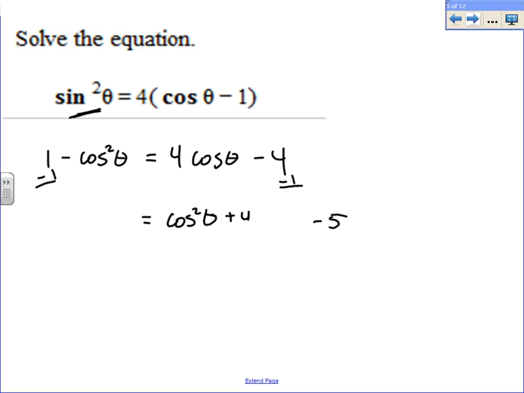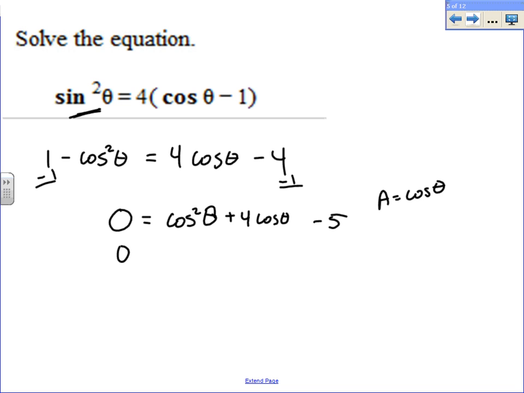So bring down the plus 4 cosine theta. Now, notice that's definitely that trinomial quadratic form here. So I'm going to let A be equal to cosine theta, and I'm going to use substitution to get this factored.